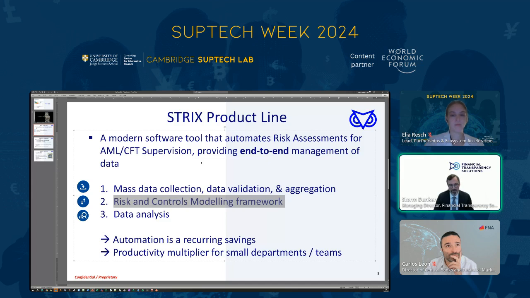And we have a risk assessment model and 2 controls models, one for quantitative data analysis and one for qualitative data, such as on-site feedback from inspections that are done on-site. And then we have a complementary package that is a BI tool. It makes dashboards relevant for supervisors doing data analysis on summary level, on data level, or on comparison level.